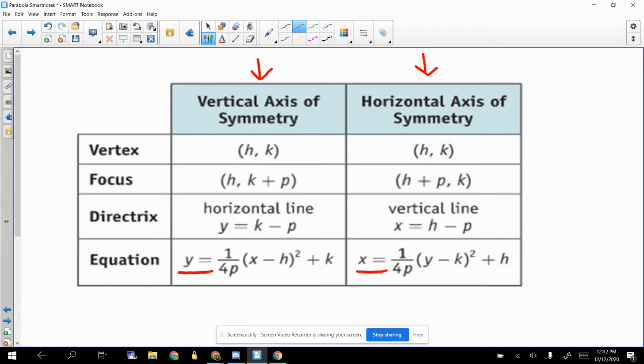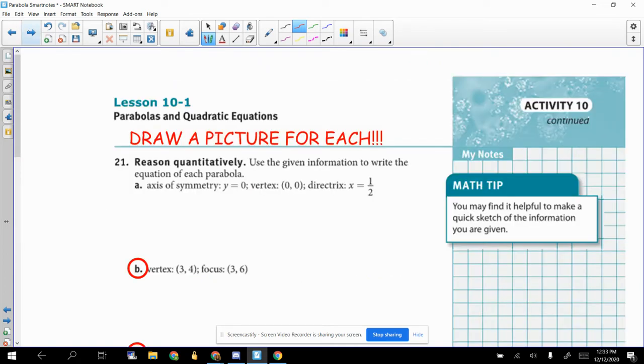We already knew from vertex form that (h, k) is your vertex. We're going to talk more about what a focus is and what a directrix is today, because those two pieces of information will help us to write a quadratic equation in vertex form. Okay, let's get started.